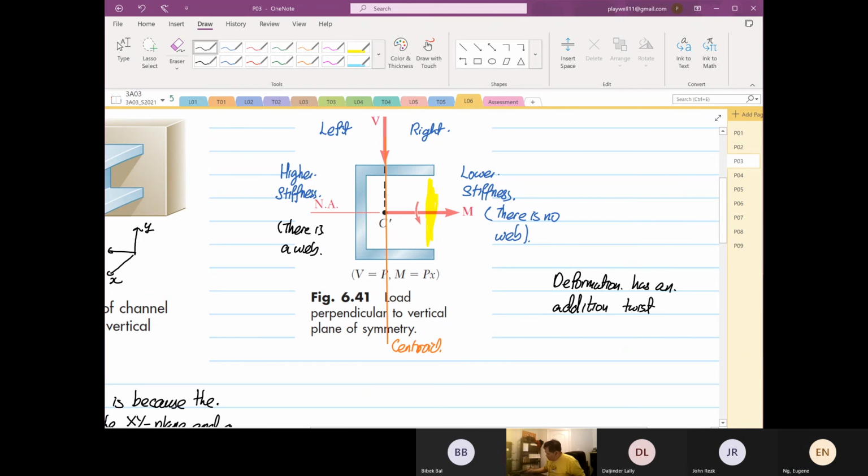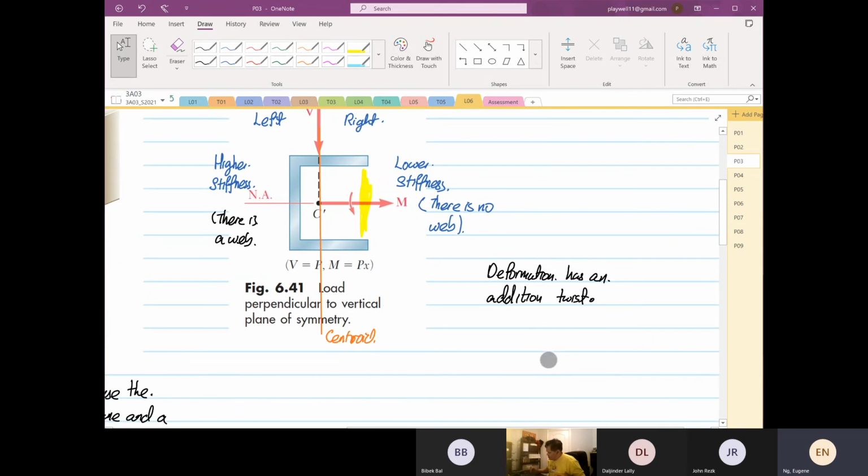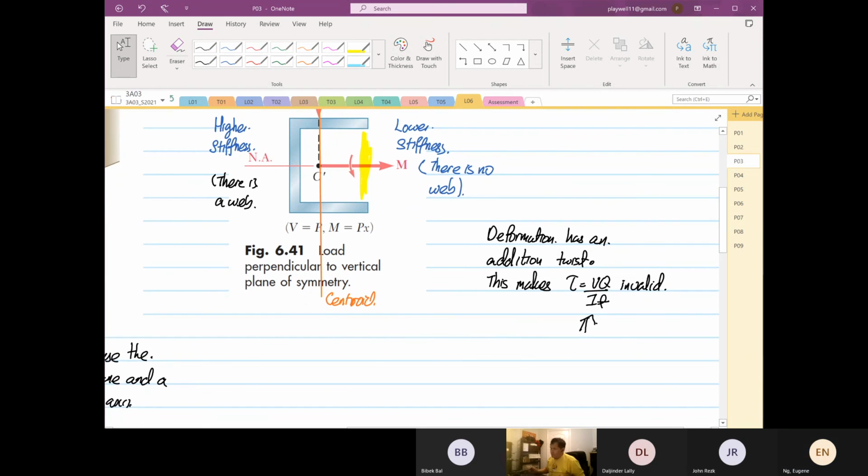Okay. So when that's the case, the twist makes tau equal to VQ over IT invalid, because to apply this, when we were analyzing in terms of math, we did not have a twist.